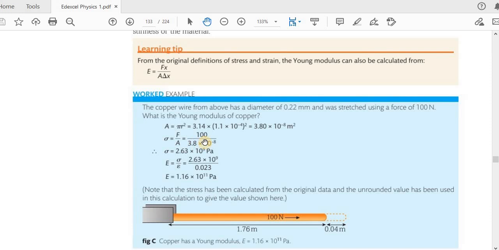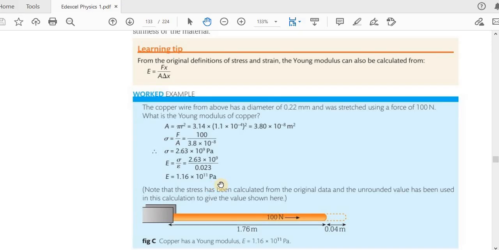The force is 100 newtons, the area of cross section is this. Then we get this sigma, that is the stress. Then we apply it in this equation to get the Young modulus.